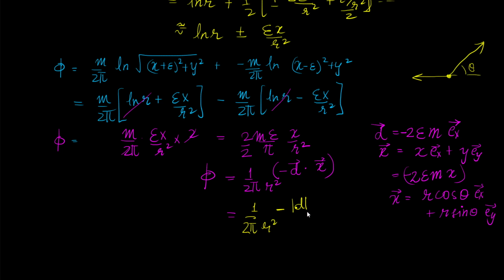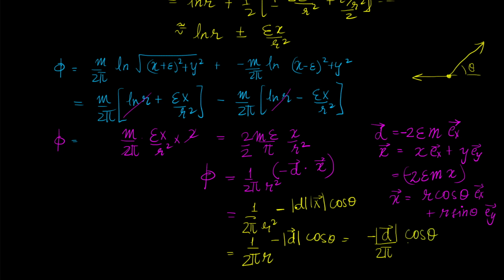So this will be simply mod of x vector times cos theta with the appropriate negative sign. Mod of x vector is nothing but r. So this becomes 1 upon 2 pi r, times minus d cos theta. Or essentially we can write it as minus d upon 2 pi cos theta upon r.